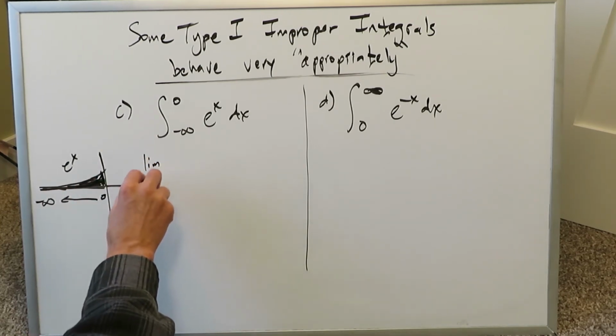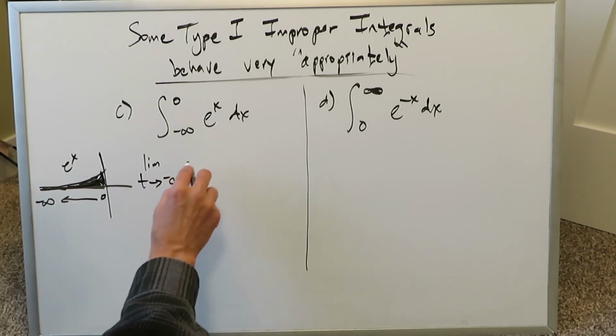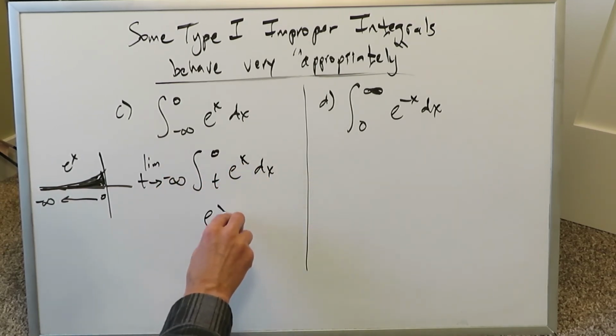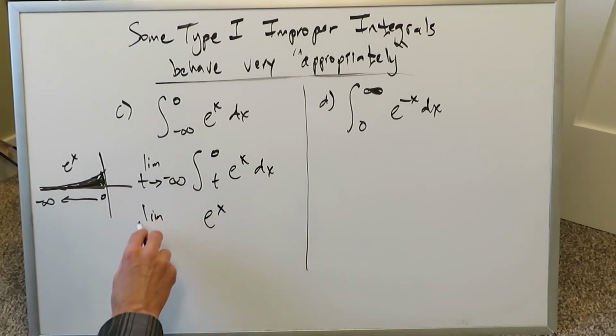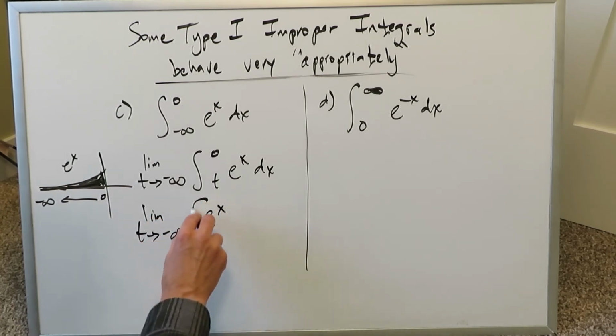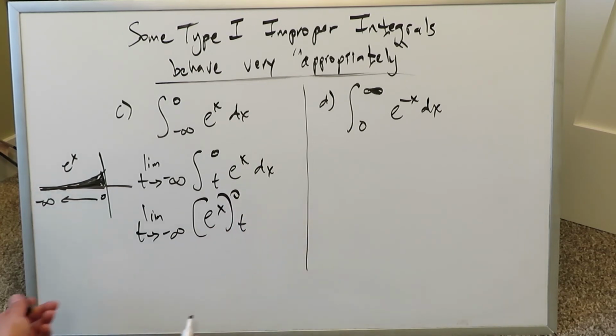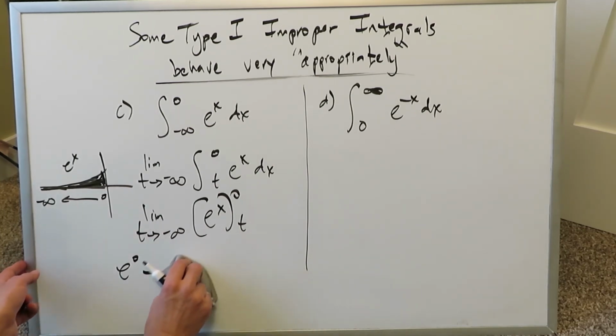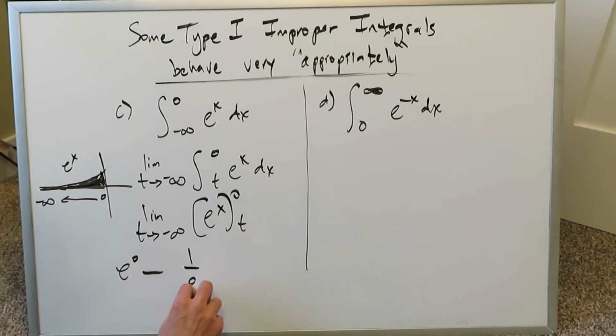We're looking here at the limit as t approaches minus infinity of the integral from t to 0 of e to the x dx. You know its antiderivative is this, and as t approaches minus infinity, we have to plug the upper and the lower limit in. When we plug the upper limit, it's just e to the 0. When you plug the lower limit, it's e to the minus infinity, which you can write without that negative exponent as 1 over e to the infinity. 1 over e to the infinity is no different than saying 0.